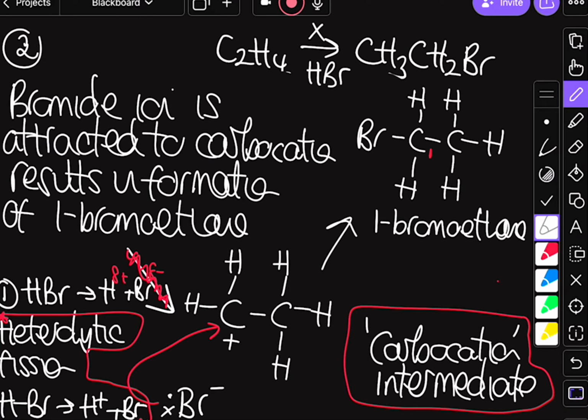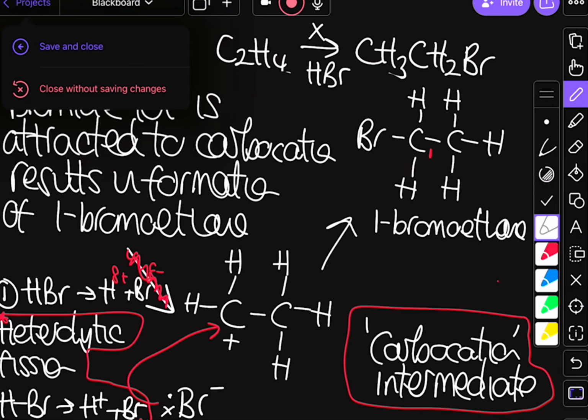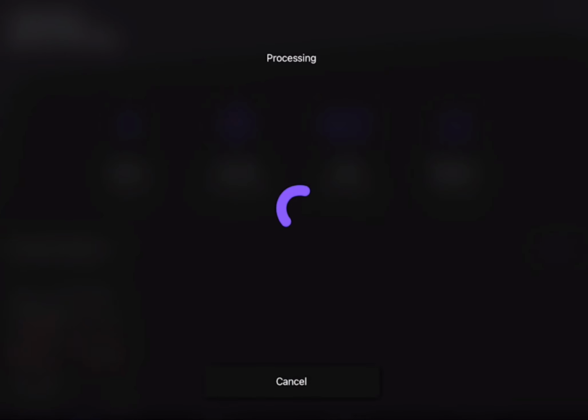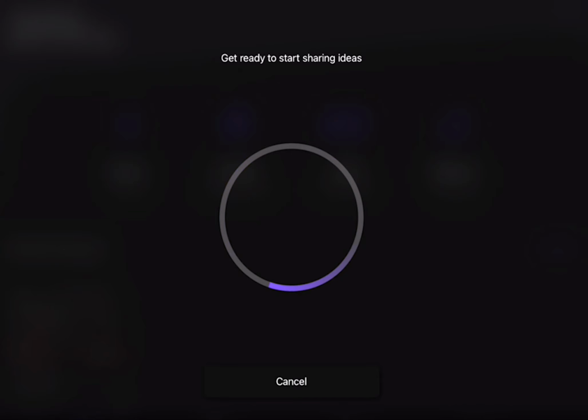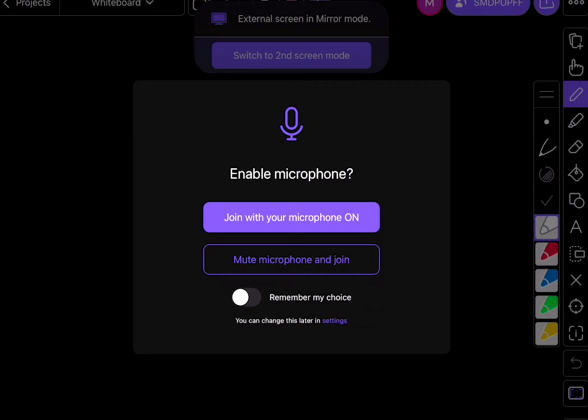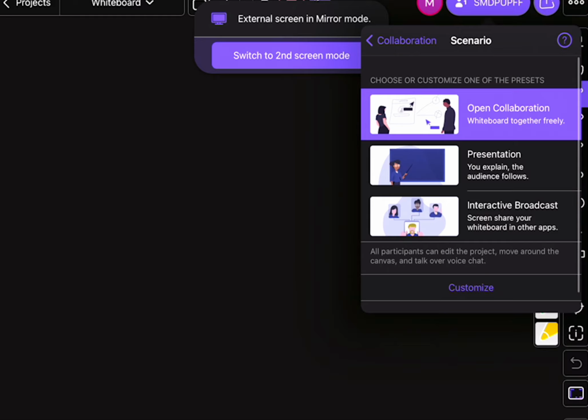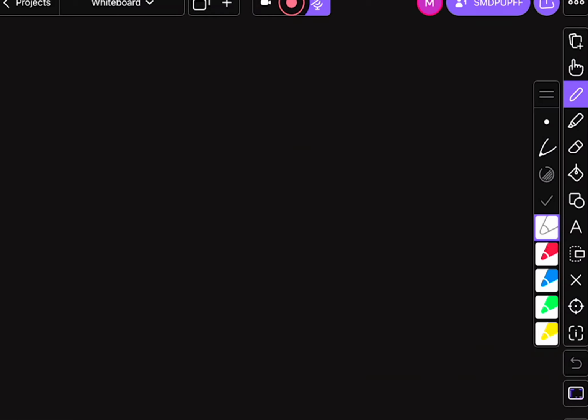Okay, but as we've said, you get most of your marks for your diagrams. So in terms of our evidence, the evidence is always based on the carbocation. So the carbocation that we've made in this instance looks like this.